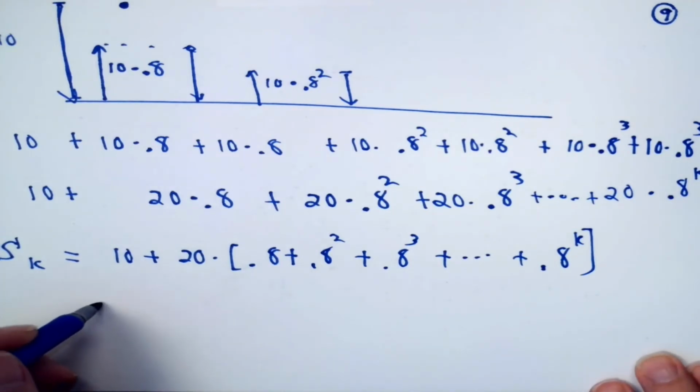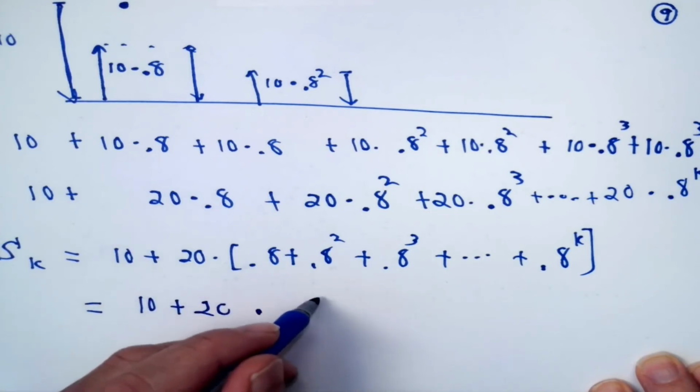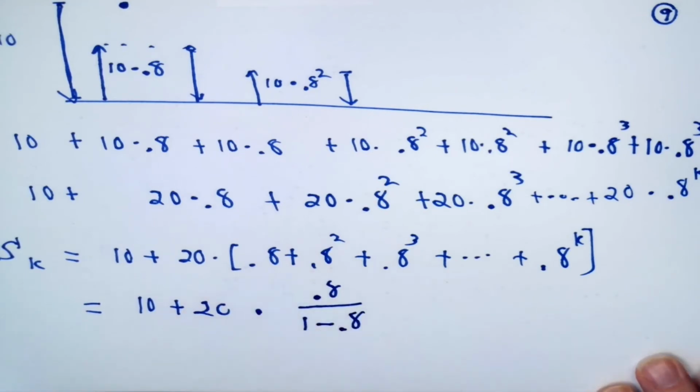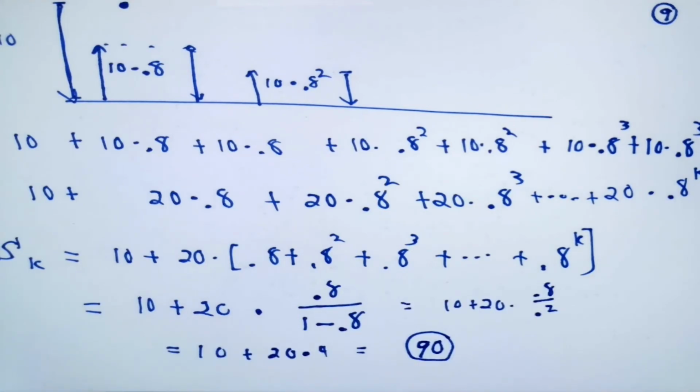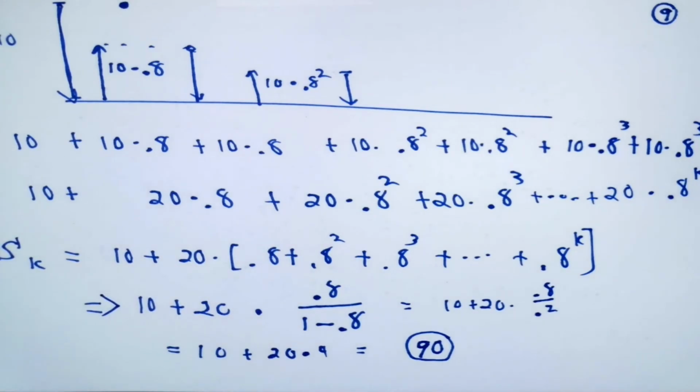I know that that converges, and moreover, I know that it converges to 0.8 divided by 1 minus 0.8. And doing the arithmetic, I found out that taking the limit as k tends to infinity of partial sum number k, the total distance traveled of the ball is 90 feet.